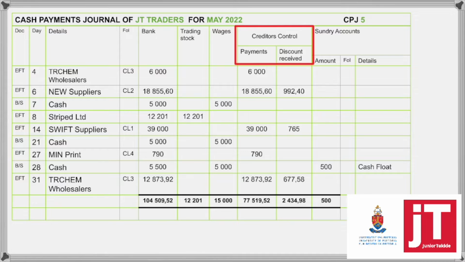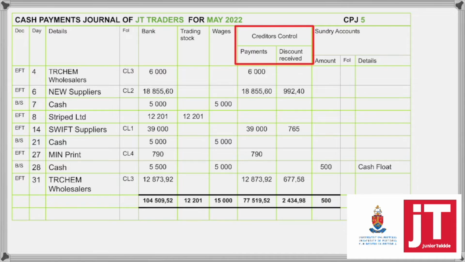Now, in this method that you see in front of you now, the payments column is equal to the amount in the bank column, because the amount that you pay must come off bank. That is then the payment that you made to your creditor, and then if there was discount, you record it in the discount received column.